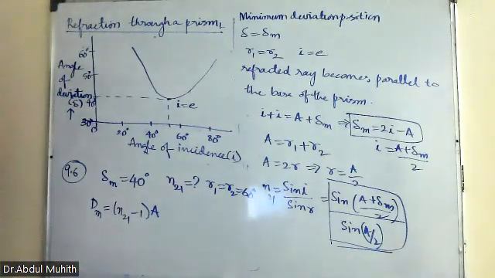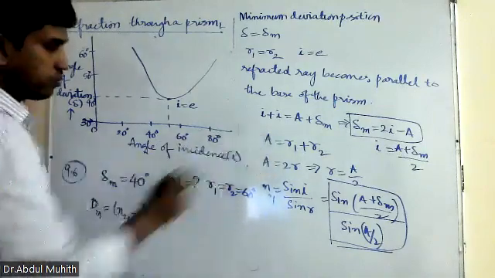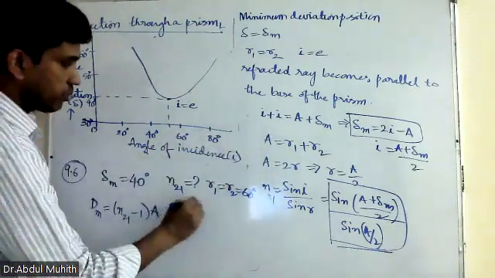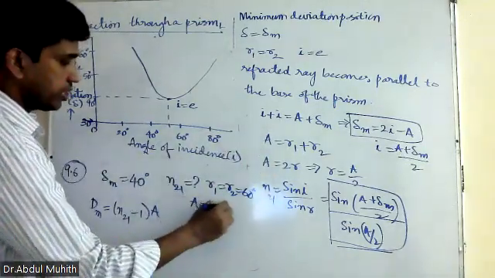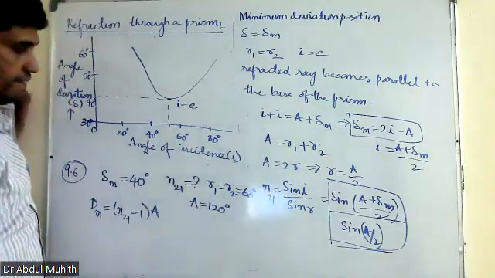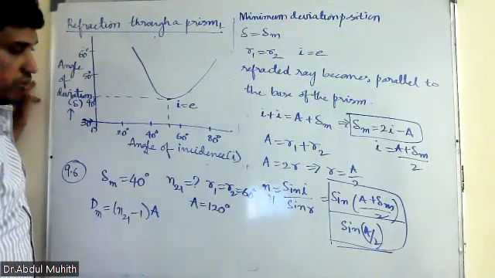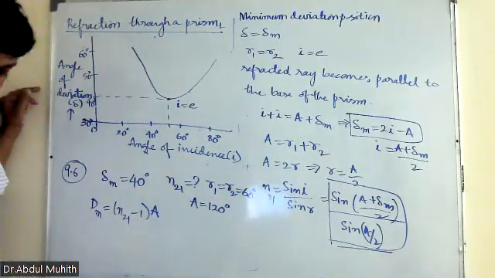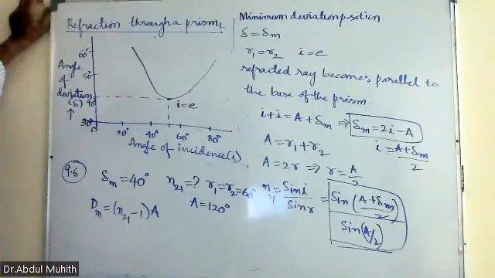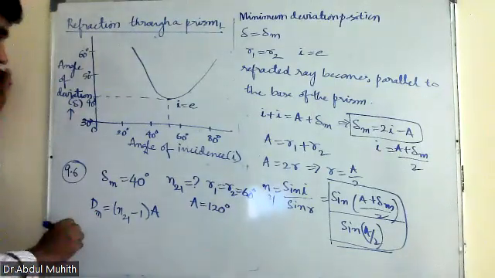So how will we do this now? Can we do it using this formula? A is equal to r1 plus r2, right? A equal to 120 degrees. Is it 120? A is the refracting angle of the prism. So we will take 120 and see whether we get the answer or not.